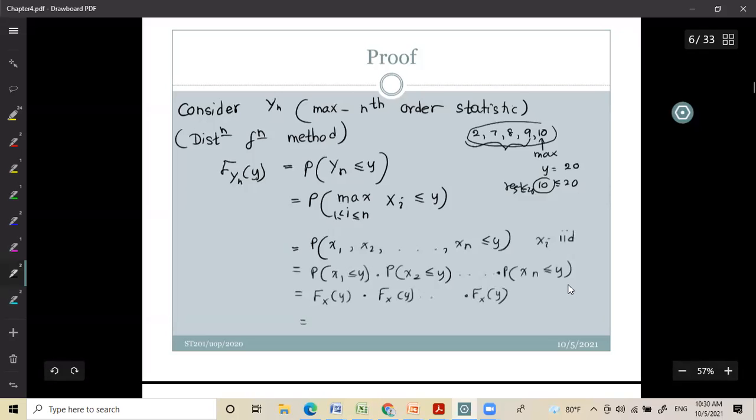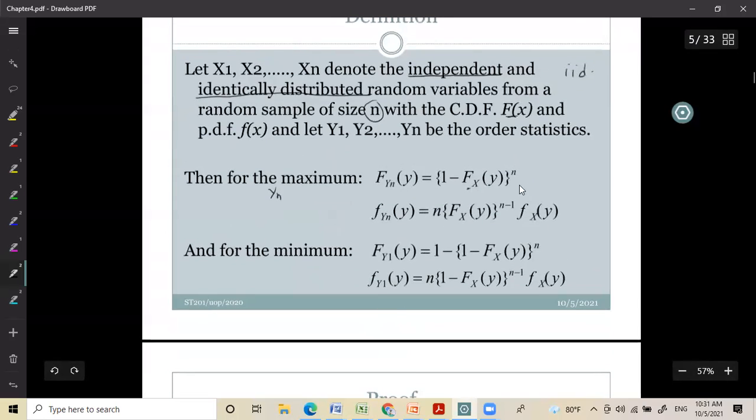So you have Fx(y) how many times? N times. So you get Fx(y) to the power n. You multiply Fx(y) n times. So you end up with the Cdf of the maximum to be Fx(y) to the power n, right?